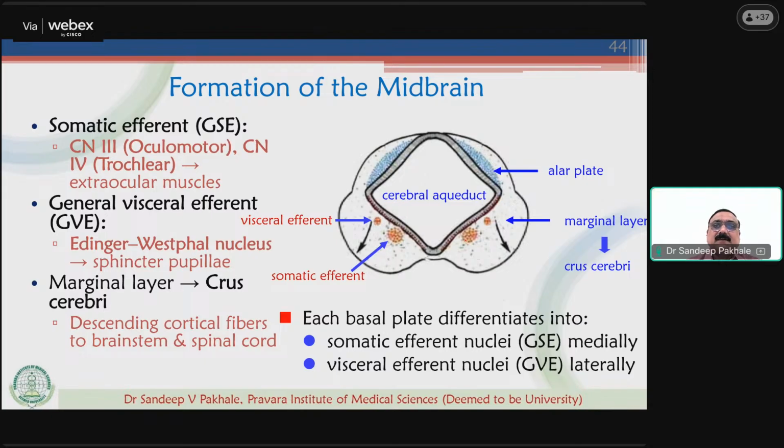So you can see here, this is somatic efferent and this is visceral efferent. Somatic efferent: oculomotor and trochlear, and the visceral efferent is the Edinger-Westphal nucleus. So this is the Edinger-Westphal nucleus, and this is the oculomotor nerve nucleus and trochlear nucleus.